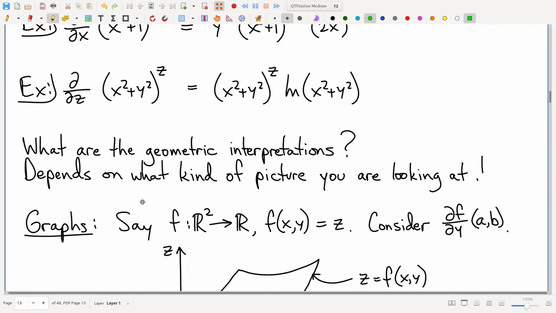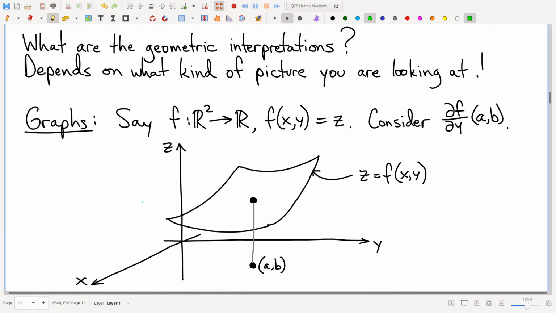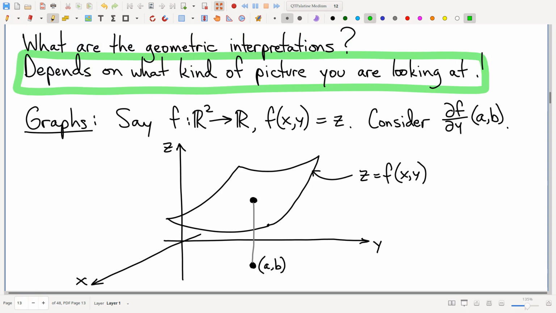Okay, so let me try to persuade you that this is not meaningless nonsense. There is a geometric interpretation we're going to talk about. There are actually several geometric interpretations. You've heard me give this speech a bunch of times, so I'll be quick: calculus looks different depending on what kind of constructions you're looking at.